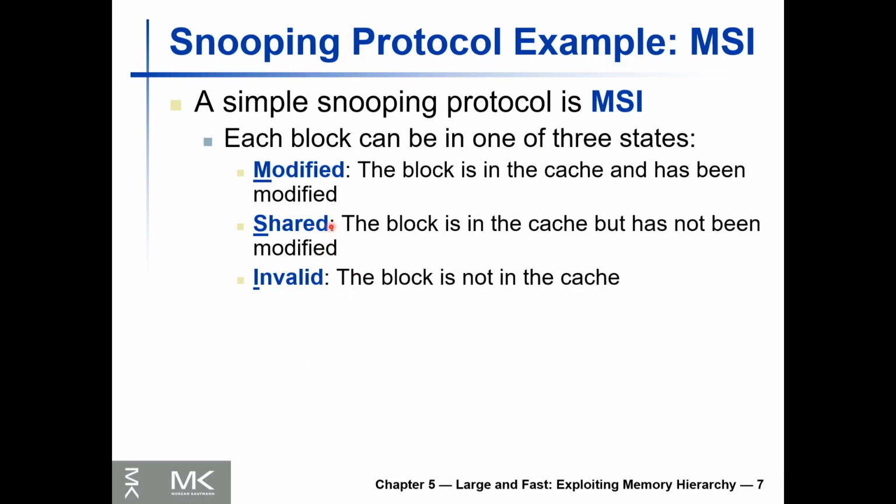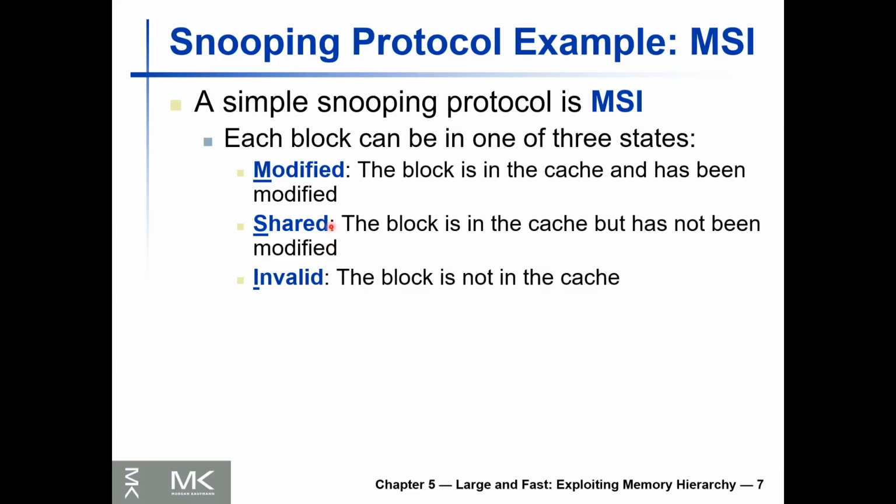A shared state represents when a block is in the cache, but it hasn't been modified. If a block hasn't been modified, it's okay for it to be in multiple caches, because as long as you're just reading it, it's okay for multiple processors to have the same block.